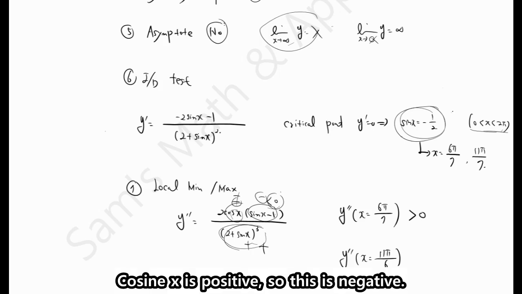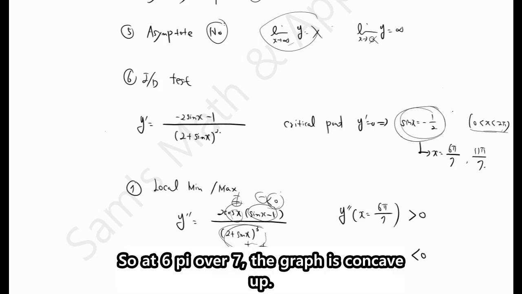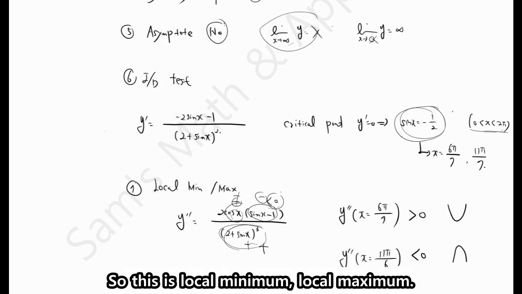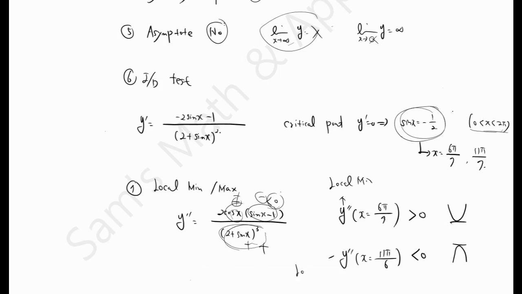Cosine x is positive, so this is negative. So at 7 pi over 6, the graph is concave up, and at the other it is concave down. So this is a local minimum, and this is a local maximum.